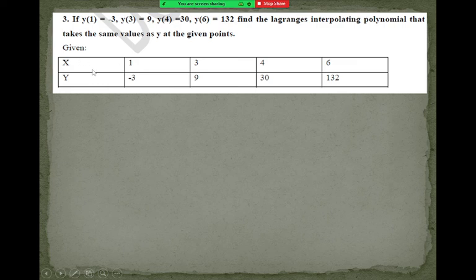Okay. So whatever data is given, I have written in a tabular form. You'll observe these are the values: x takes 1, 3, 4, 6, and these are f of x: minus 3, 9, 30, 132. So in our regular formula we'll give the notation now.